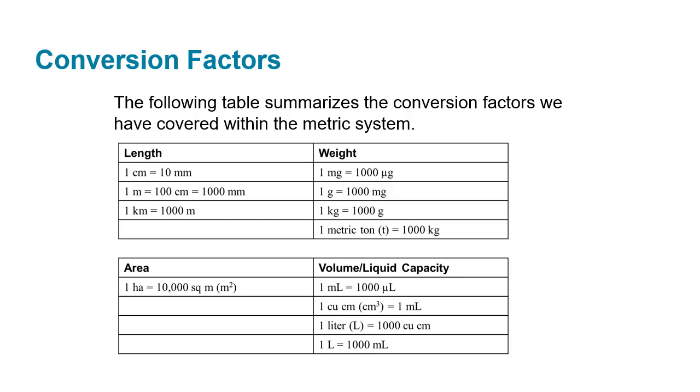So here is a table that summarizes some of the conversion factors we've looked at, right? A centimeter is 10 millimeters, a meter is 100 centimeters, and so on and so forth. There are other missing ones that we don't use as often. These are the most commonly used metric conversions when we are converting within the metric system.